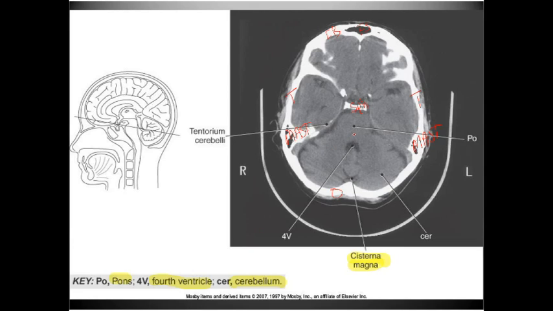And then we see that we have the fourth ventricle, and this being the tentorium cerebelli. Then we have the cisterna magna, a posterior portion around the internal occipital protuberance. We have the cerebellum and the cerebrum.